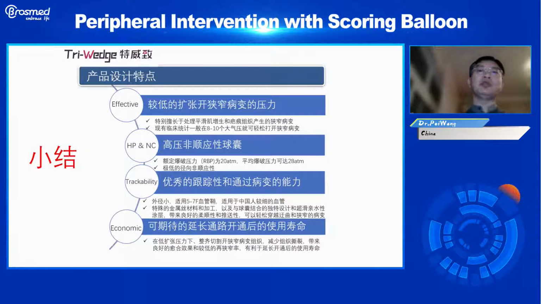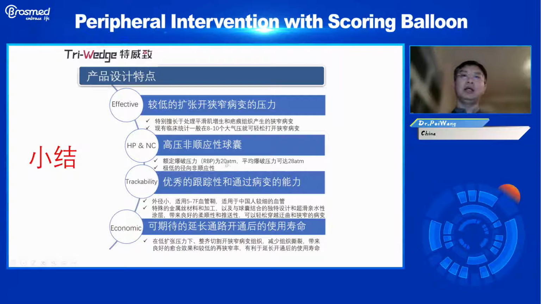So finally, take-home message: the tri-wedge balloon has a relatively lower dilation pressure, about 8 to 10 ATM. So in our 20 cases, it's between 8 to 10 ATMs. And the benefit would be it's better in terms of pain.